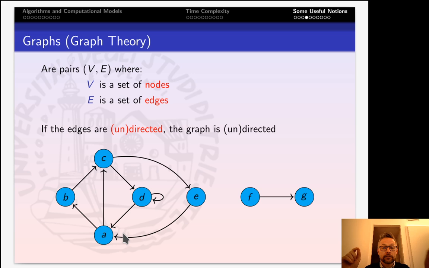Okay, and in such a case, the node from which the edge is moving is called source, and the node reached by the edge is called destination. In such a case, the set of edges is basically a subset of the Cartesian product between V and V itself.